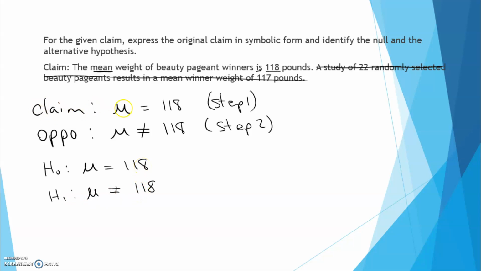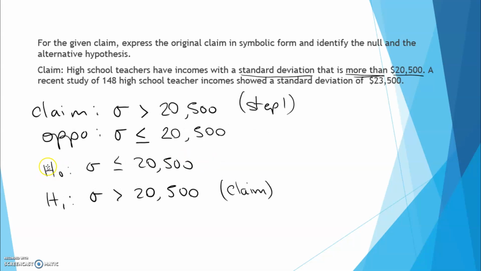Well, my original claim was mu was equal to 118. So my null is equal to 118. So this was my original claim. Notice how it can switch, the claim can switch between the null and the alternative. It doesn't have to be one or the other all the time.